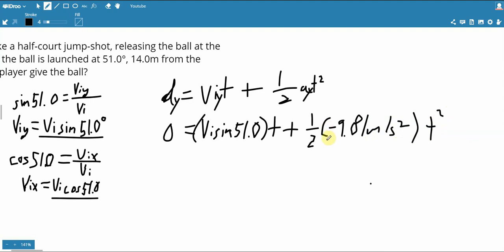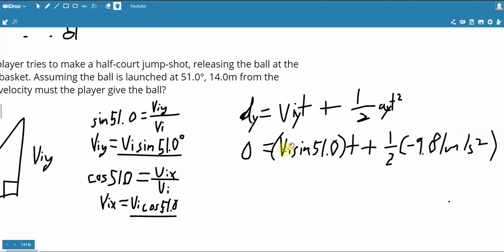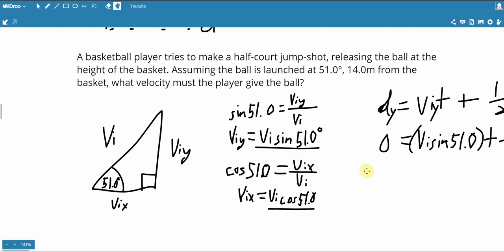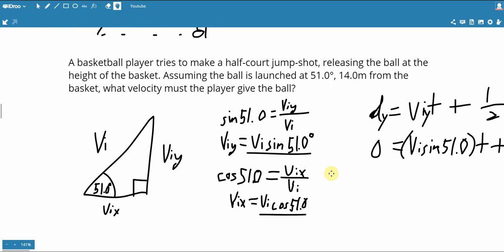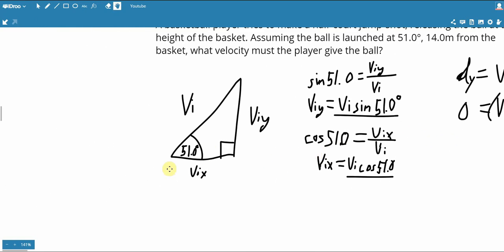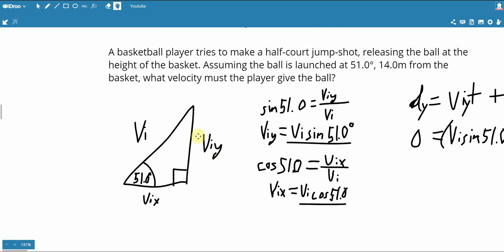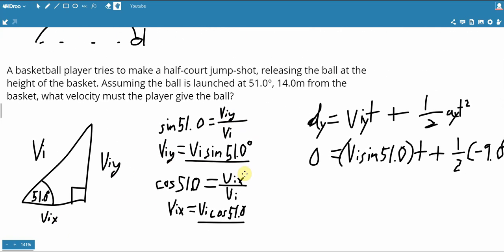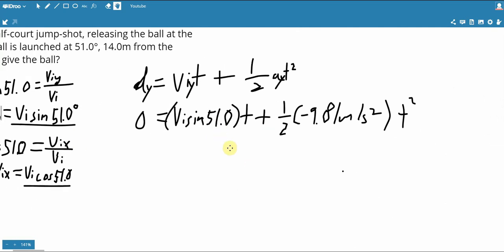So now, by solving this, we're looking for t, because if we have t, then we can solve for t on the VIX and the VIY, and then the VI variable will cancel out. So I'll show you.